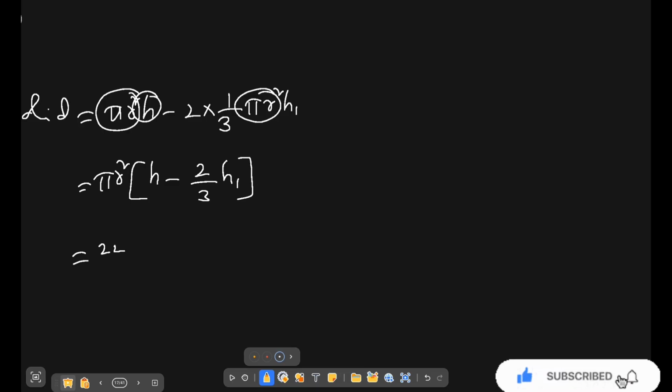Now pi value 22 by 7, r square. So radius is 5. 5 into 5, of h. Total height is 24 minus 2 by 3. Height of each cone is 12.